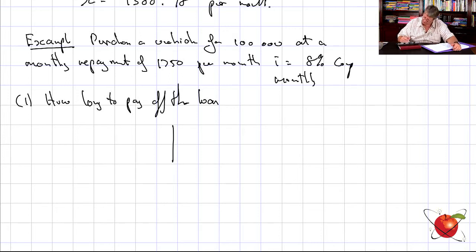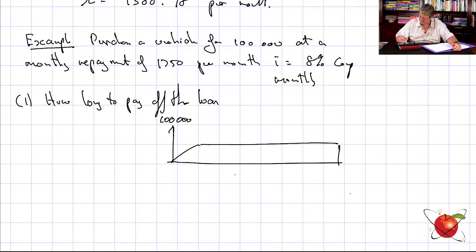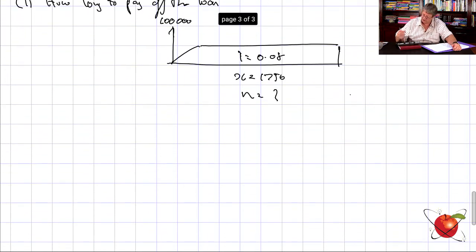Well, let's do our drawing. We borrowed 100K, and here I say X, I am given 1,750, n is what I don't know, and i for this one is going to be 0.08. So let's put it into the formula.